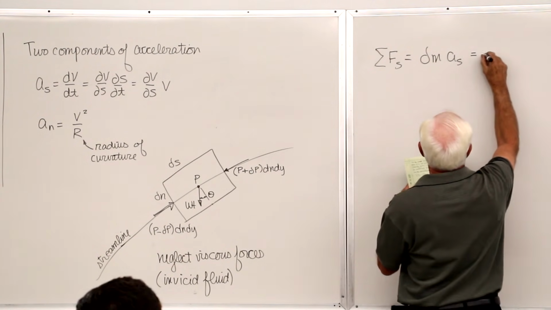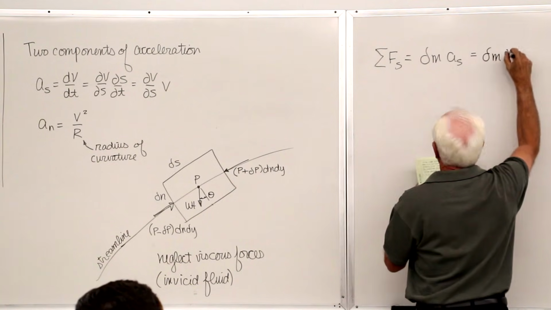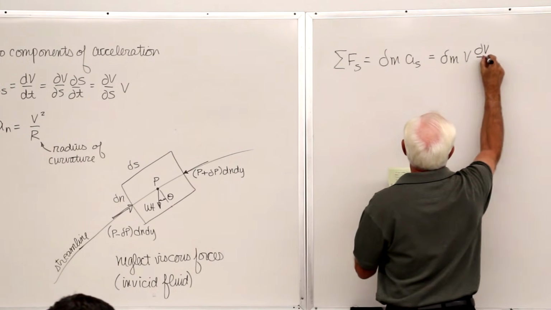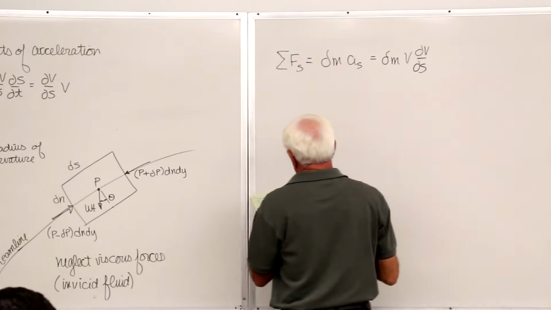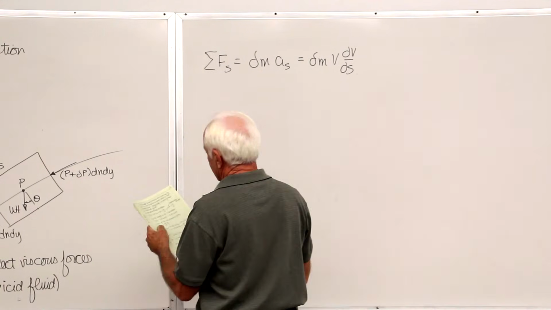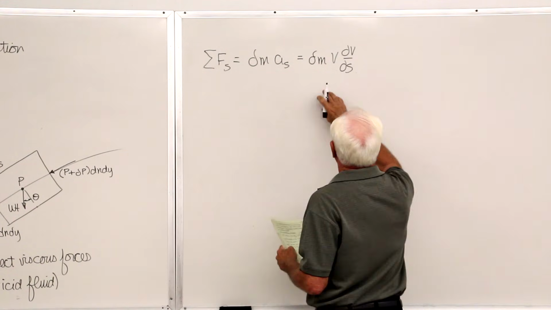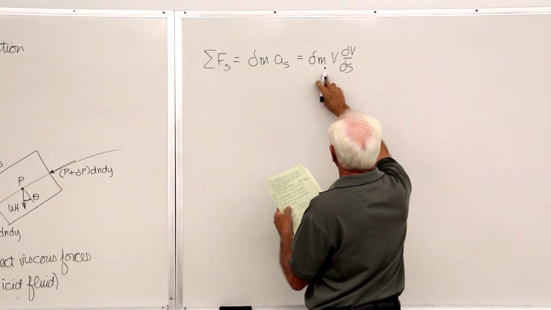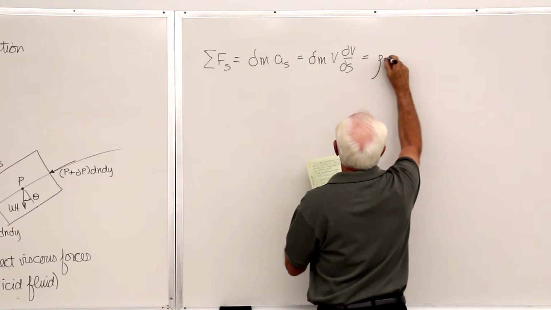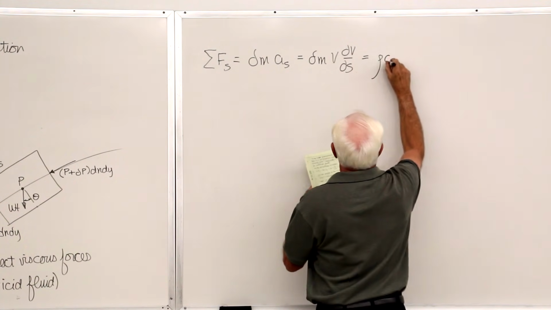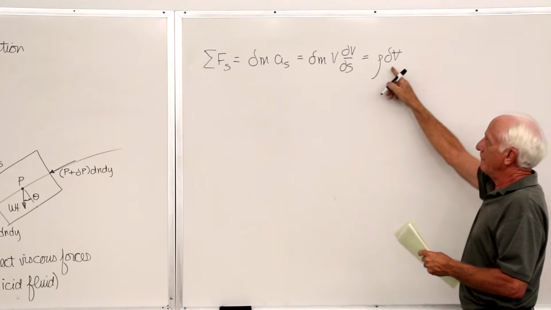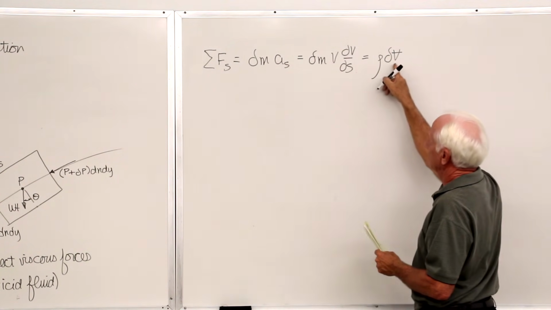So we have delta M times V dV/ds. And let's replace delta M with rho delta V. Don't forget, mass is density times volume.